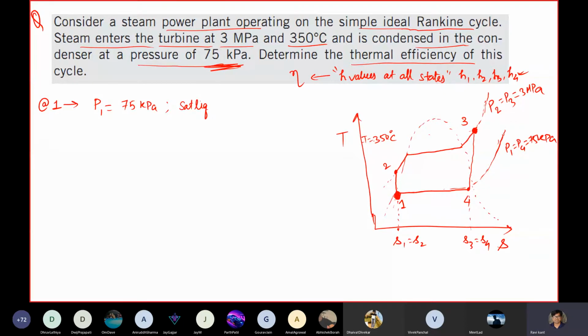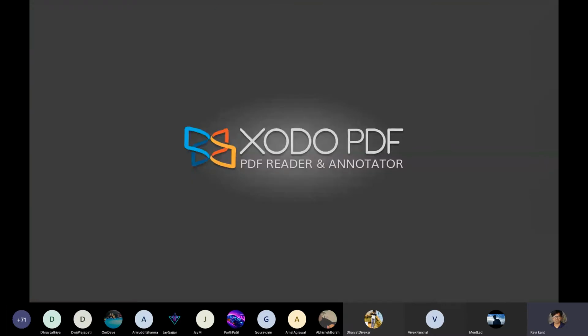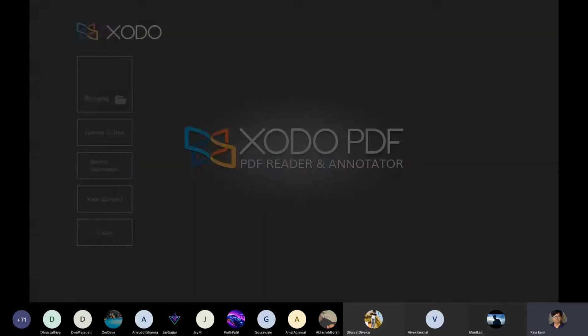Okay, so can we go and check the table? In the saturated liquid table, at this particular pressure, what are my H values, and let's suppose I also want to calculate the specific volume, V1. So shall we go? Yes, we can.